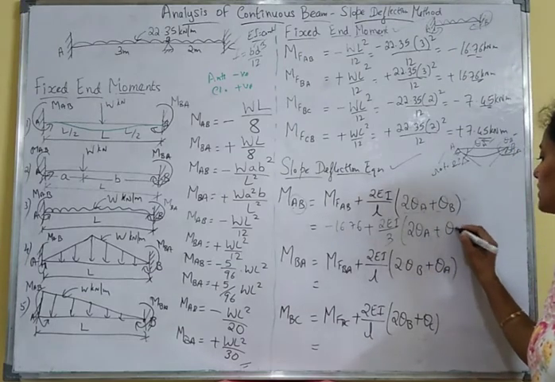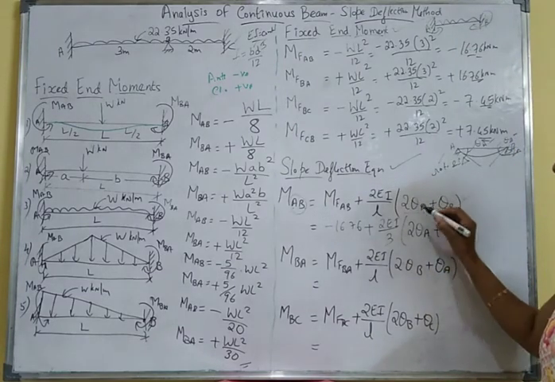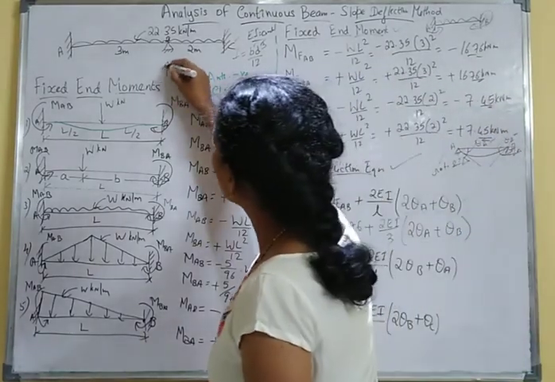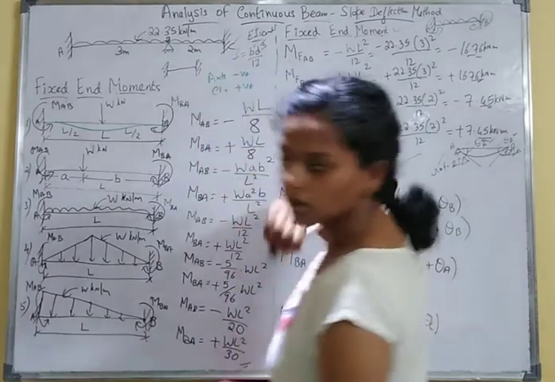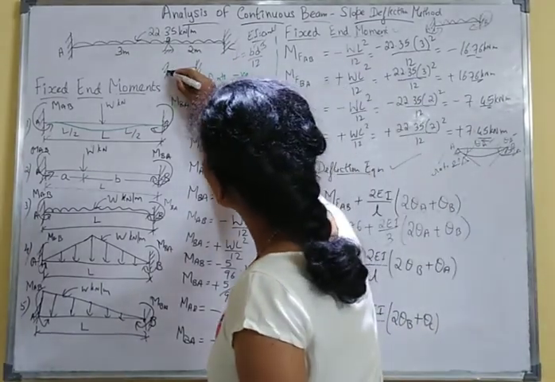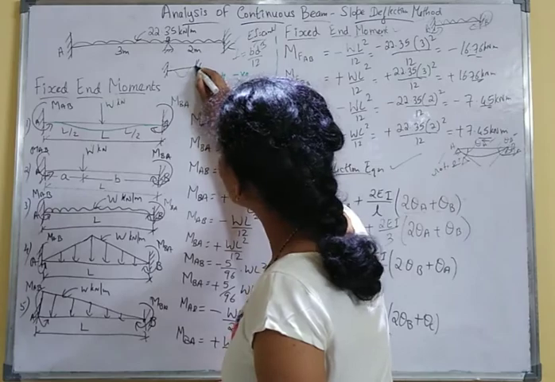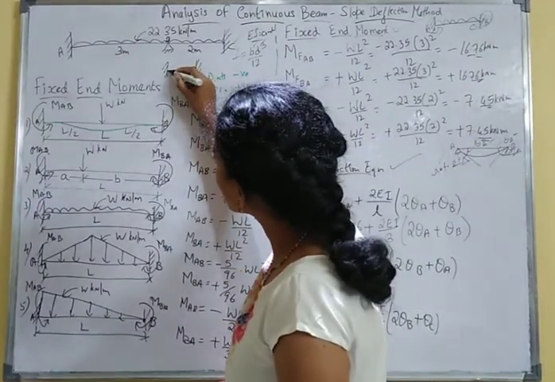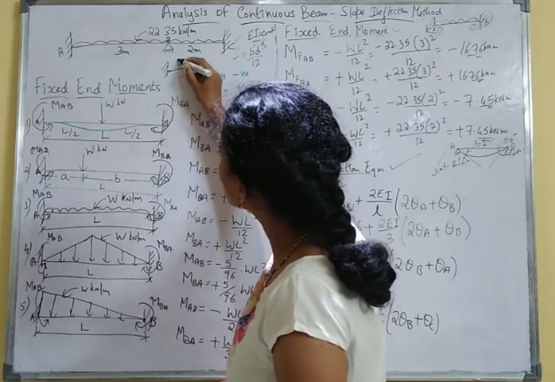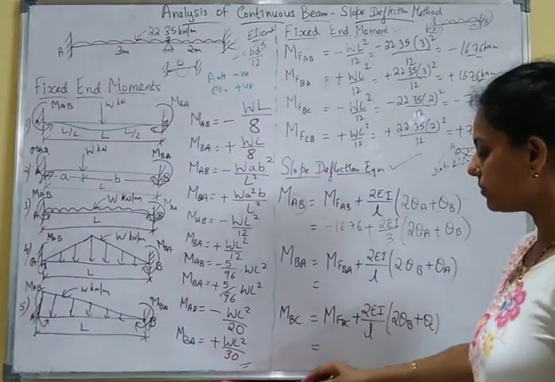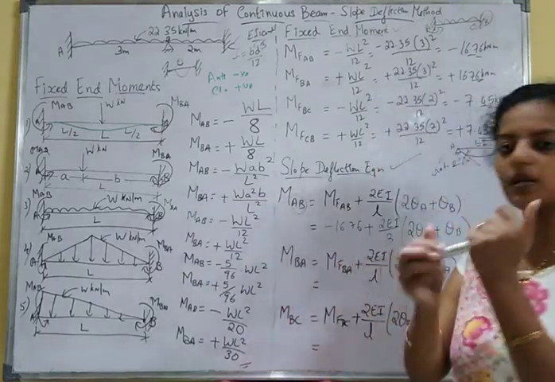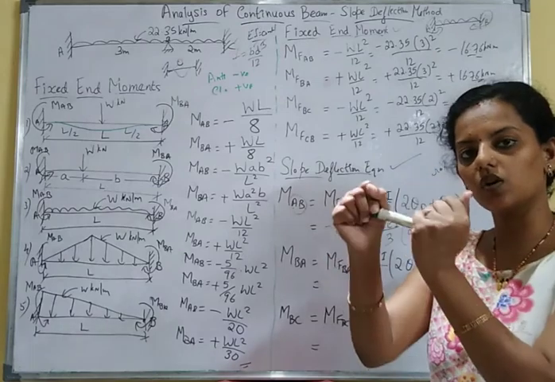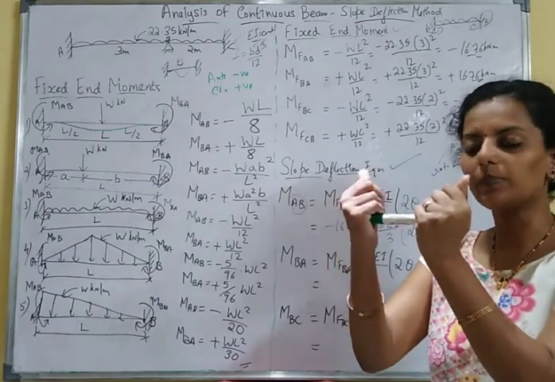Here I will take it constant, so just consider 2EI by L, where the span is 3 meter, into 2 times theta A plus theta B. One thing for a fixed end: suppose your beam is fixed, then there is no rotation at this point, so the rotation will be 0. The beam is fixed, so it doesn't rotate or move, it is completely fixed.